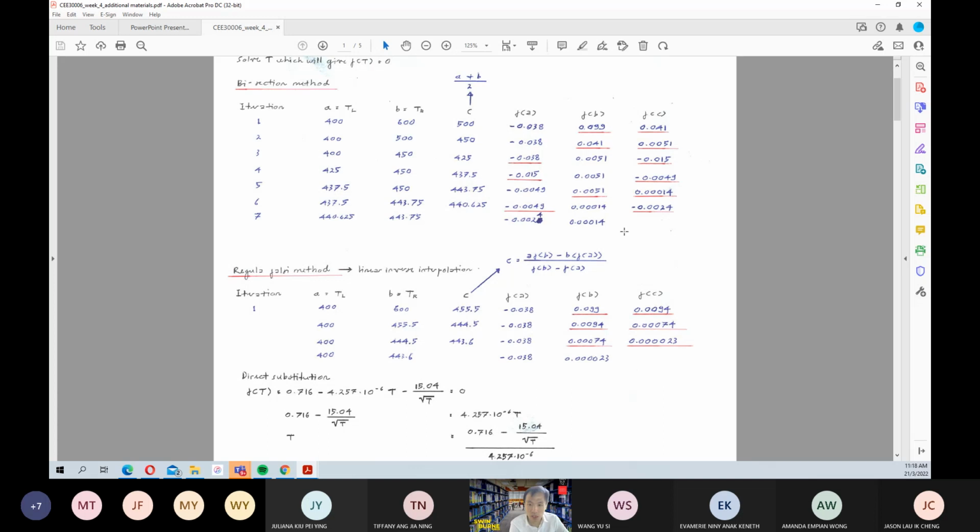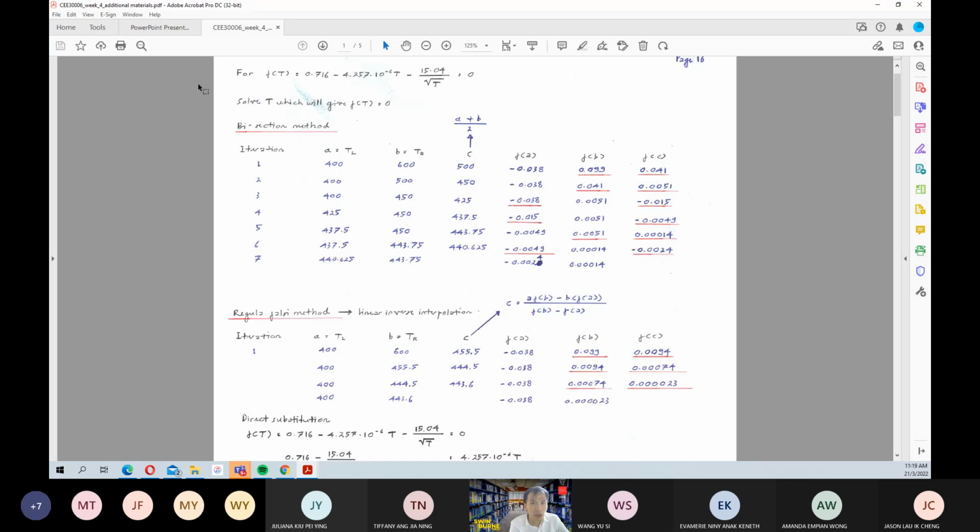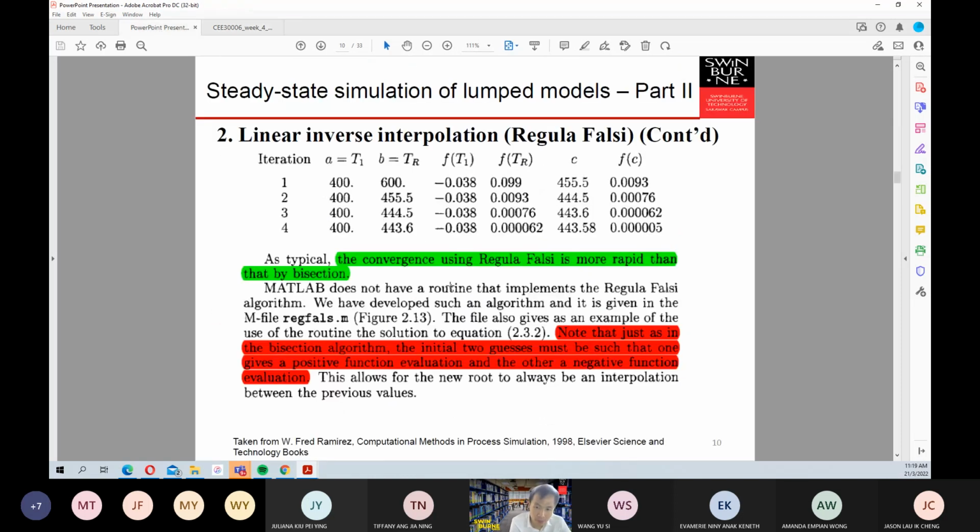Because the function value of this C is positive, you replace this B with C. So this C will go in here. Then this one is positive again, so you replace this value 455.55 with this 444.5, and so on and so on. You get it up to this point. It's quite straightforward, right?